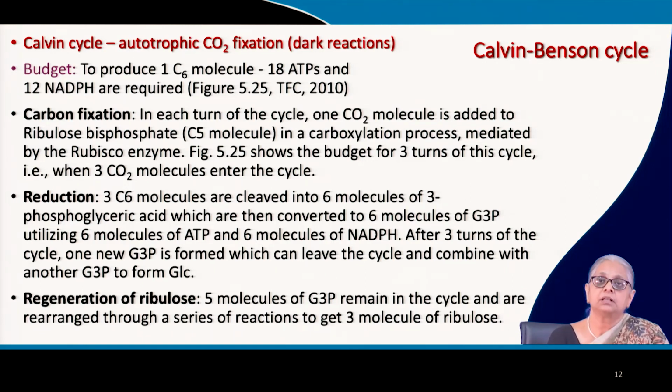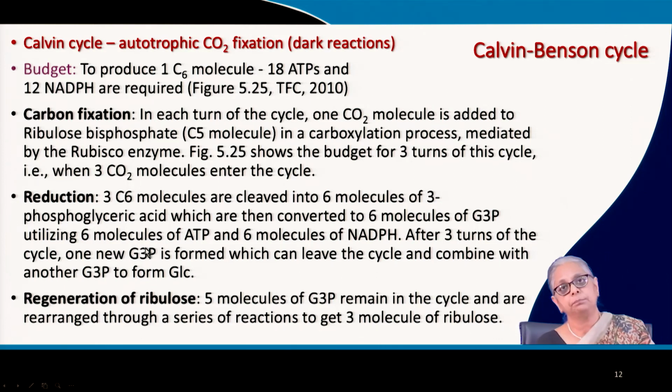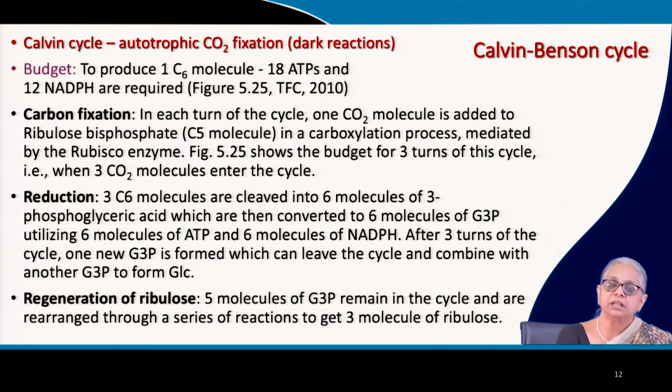So you get 3 molecules of the original ribulose compound, and that is the full Calvin-Benson cycle. It's only the excess G3P that can leave the cycle, and when you have 2 molecules of G3P, that will allow you to generate 1 glucose molecule.